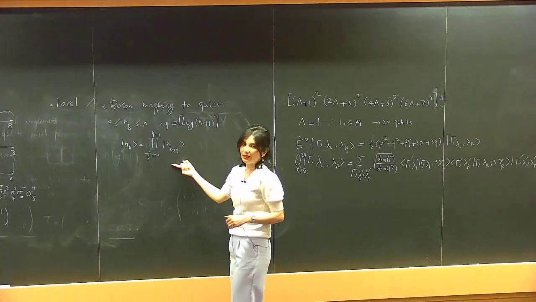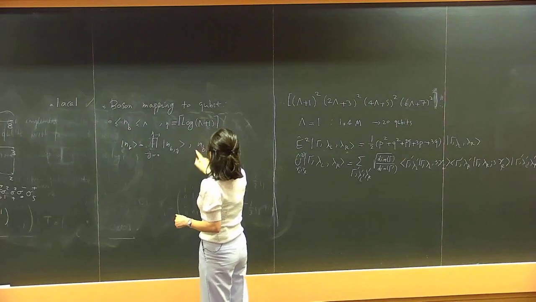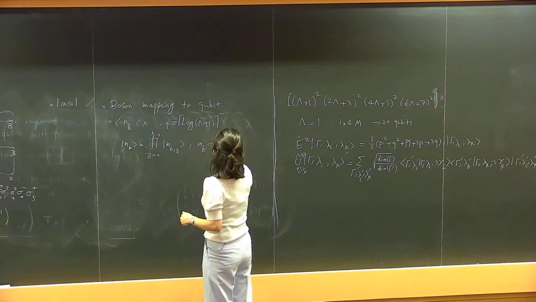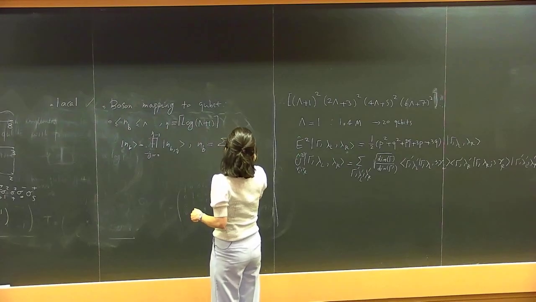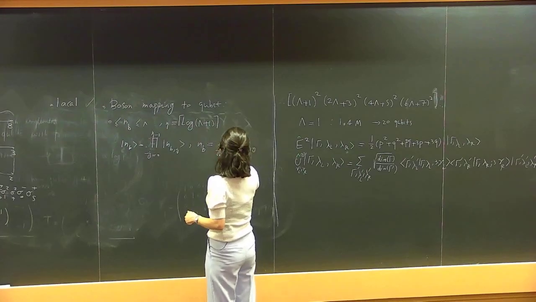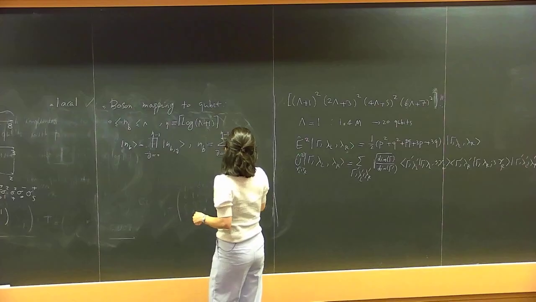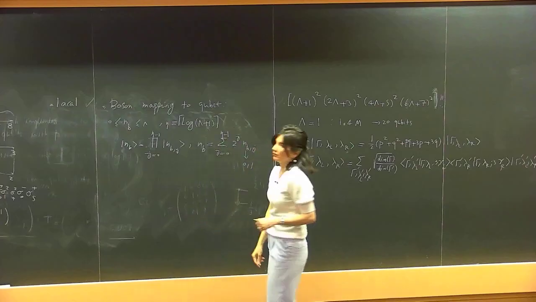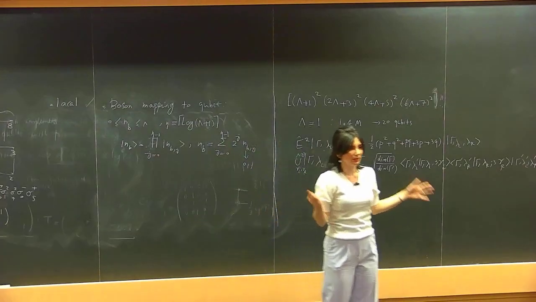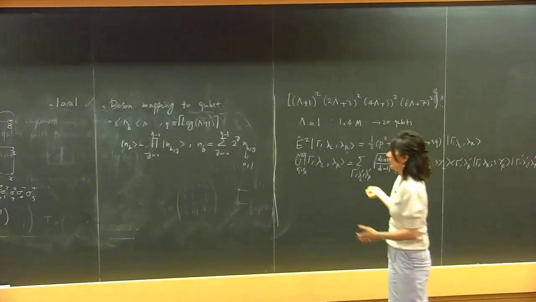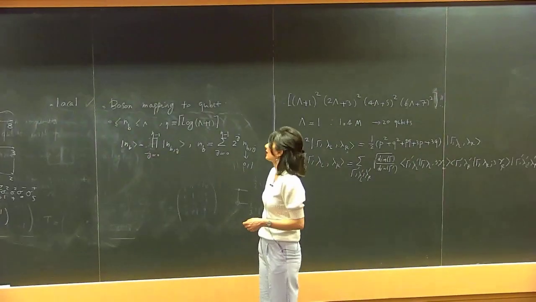So this is a binary encoding, where if this is some integer, I can always write it as the sum of 2 to the j, n_B,j, j from 0 to eta minus 1, where these objects are either 0 or 1. This is just the binary representation of an integer, a non-negative integer in this case.